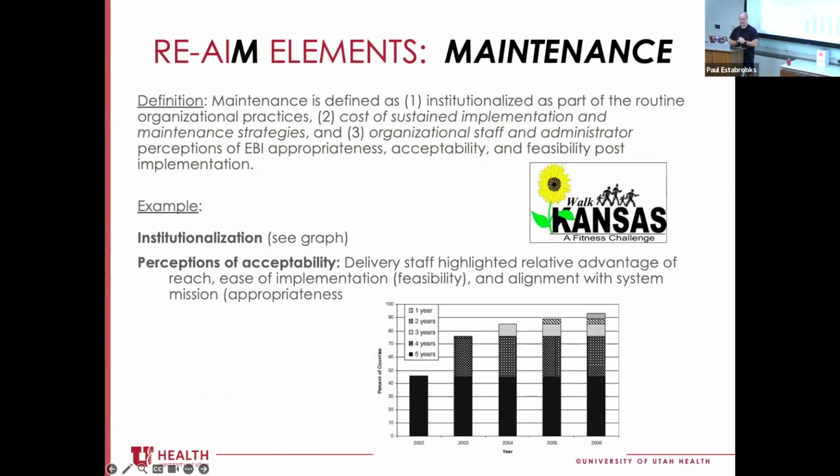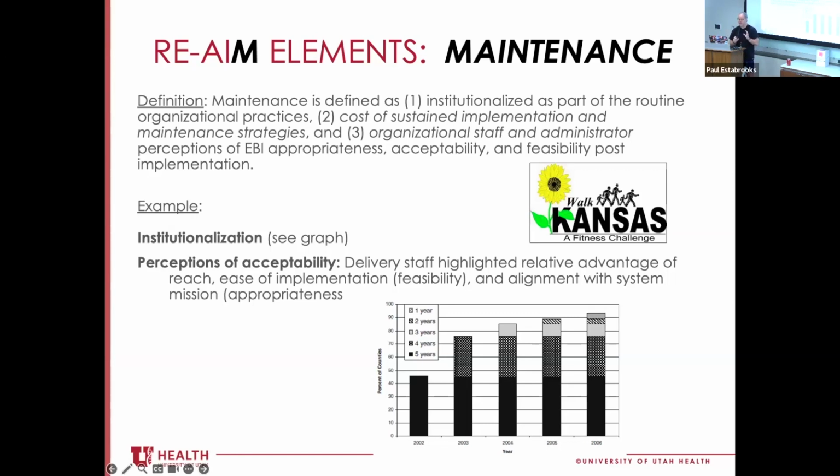I don't know. Toby, James, JD, do you think maintenance is the least studied implementation outcome? I'm getting some nods. Cost, maybe cost. Okay. All right, so this is an area here.